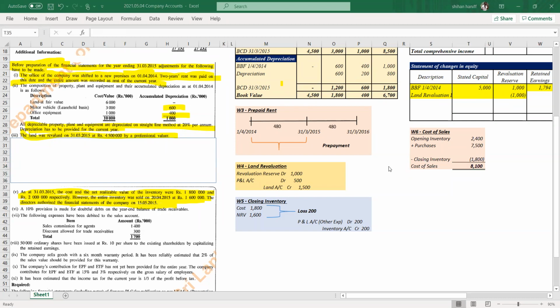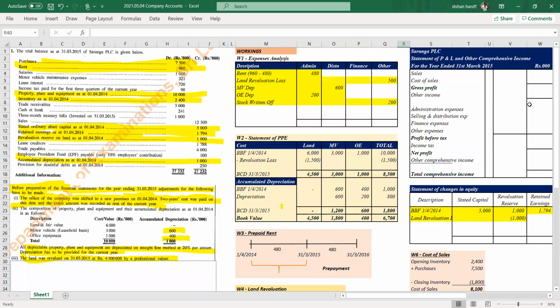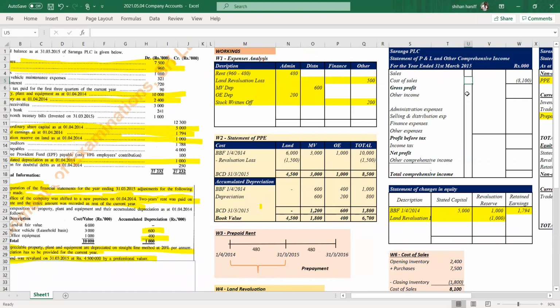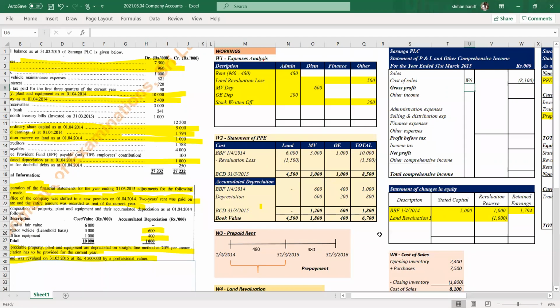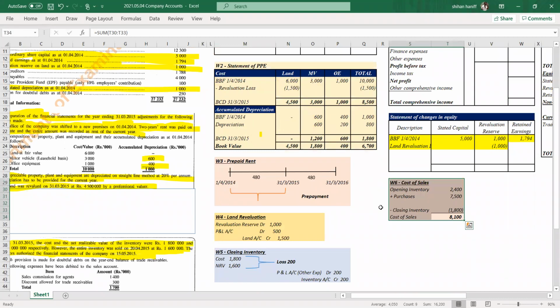So cost of sales is 8,100. Working number 6. Cost of sales 8,100.